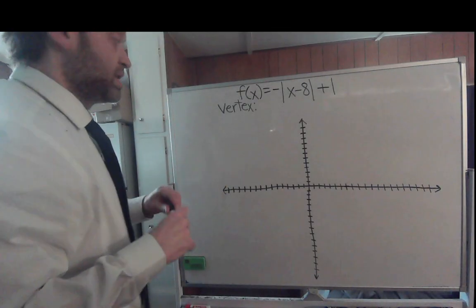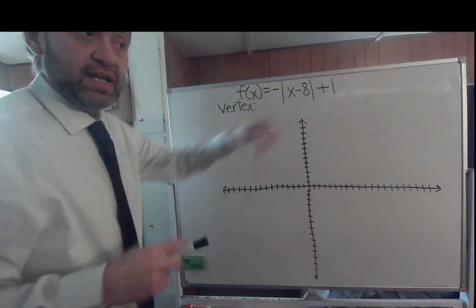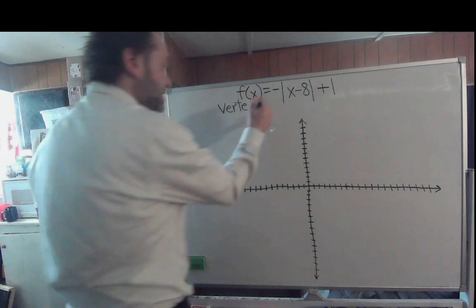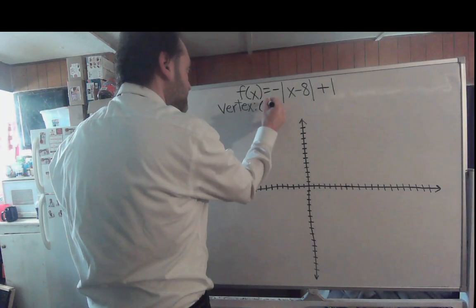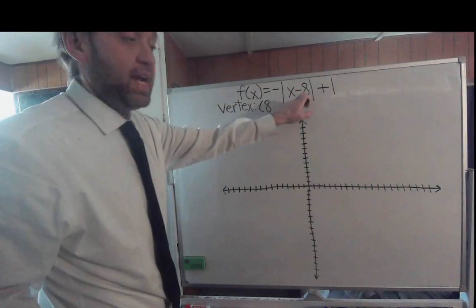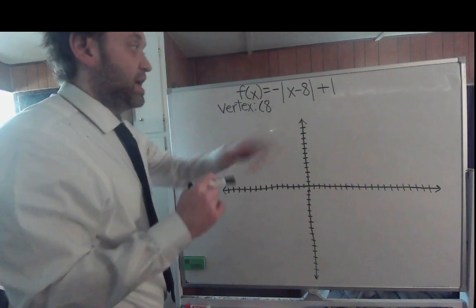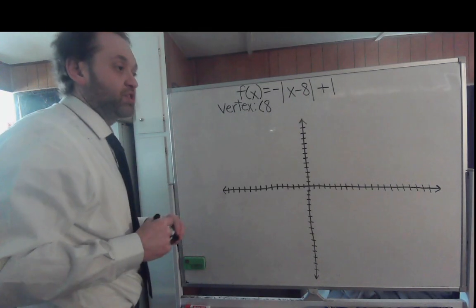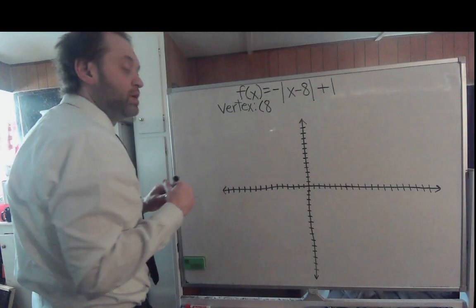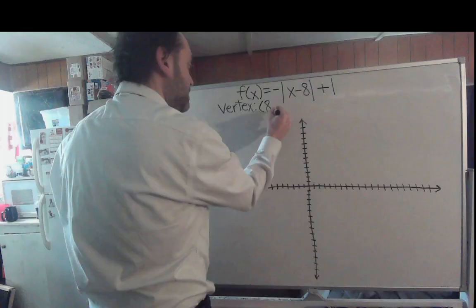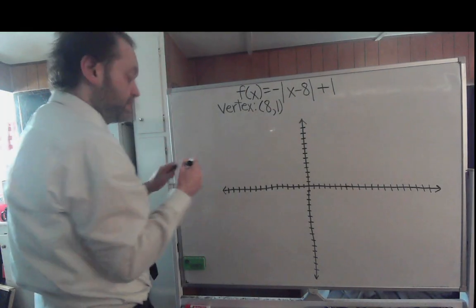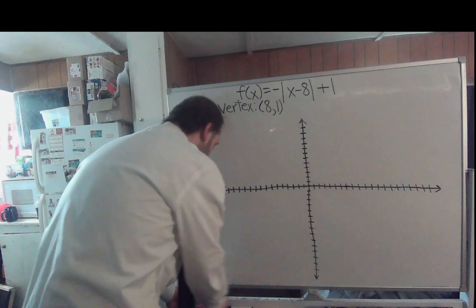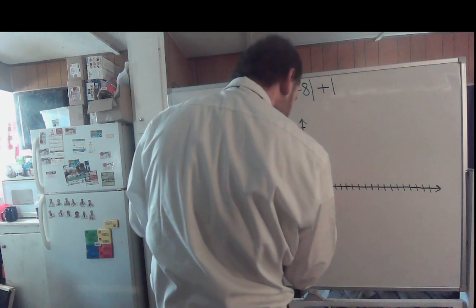Set x minus 8 equal to 0, and you would get the x coordinate being 8. So your h value is 8. That's your x coordinate for the vertex. You have a k value of 1. So your vertex would be at 8, 1. So we found the vertex to be at the point 8, 1.